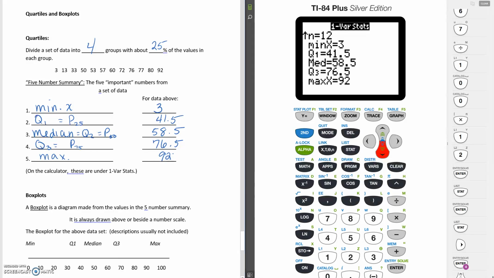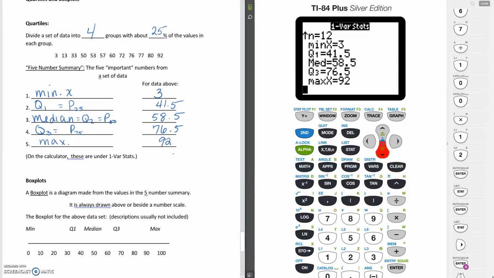And we can make what's called a box plot, kind of a special graph. Another name for this is the box and whisker plot. For these numbers, it's always made beside a number scale, so above, it doesn't matter how much above. You don't make it exactly on the number scale.